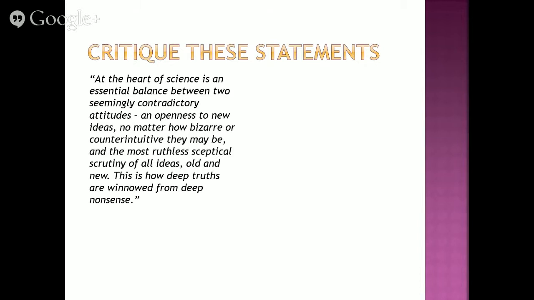This is how deep truths are winnowed from deep nonsense." This is what Carl Sagan said in 1997 about science. I quote that from one of our prescribed textbooks, Teaching Primary Science by Loxley et al.